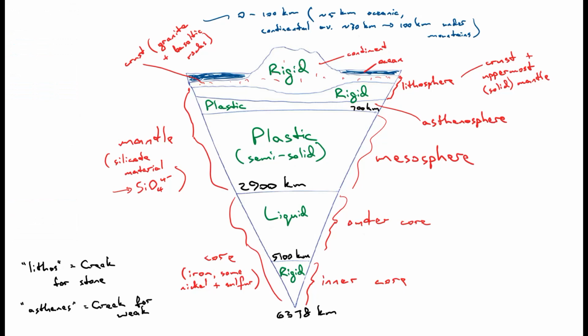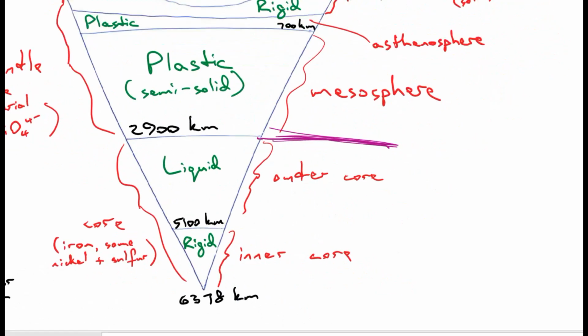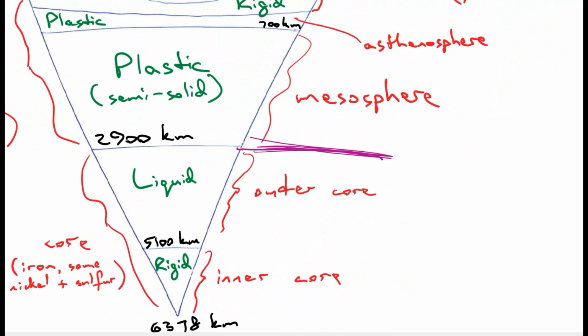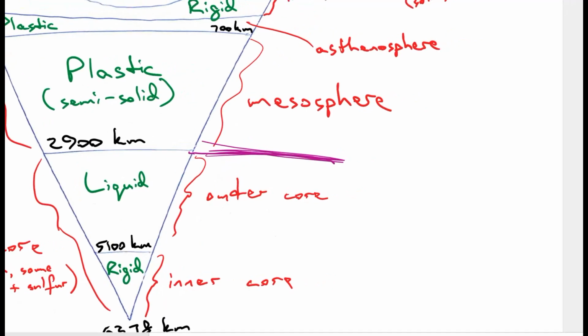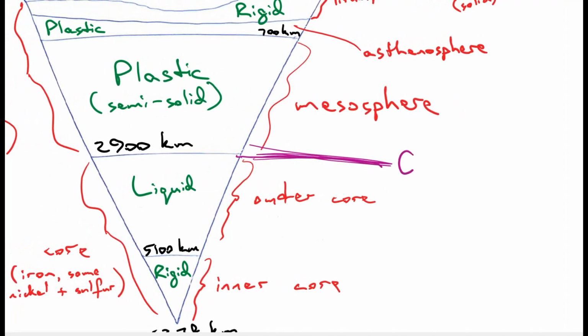Now, between the mantle and the core, that would be right here, separating the mantle and the core. This region is known as the Gutenberg Discontinuity. Give it a capital G when you're writing it, because it's named after a person.